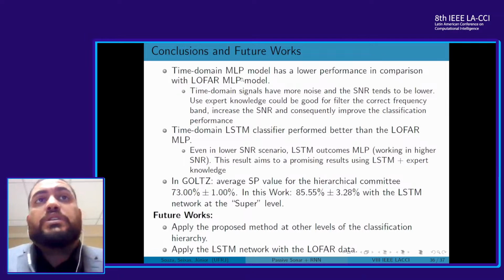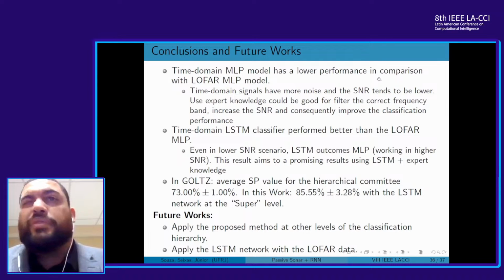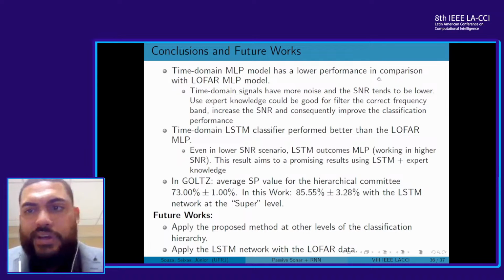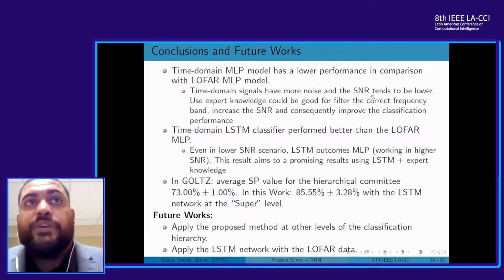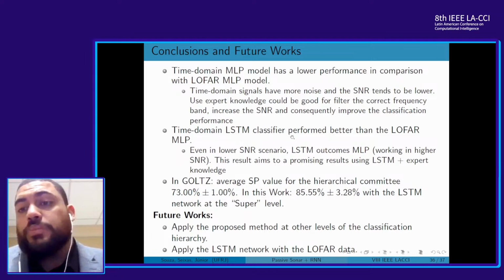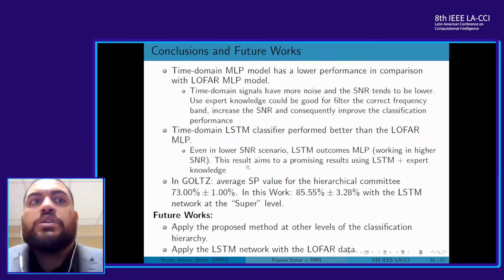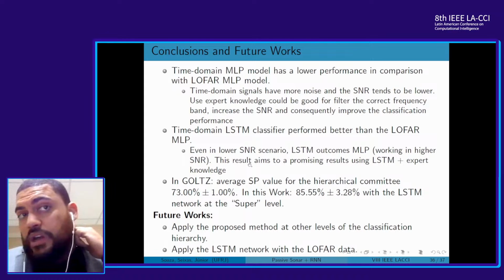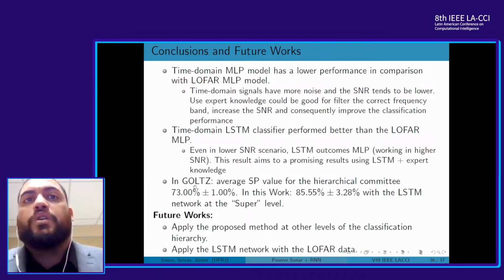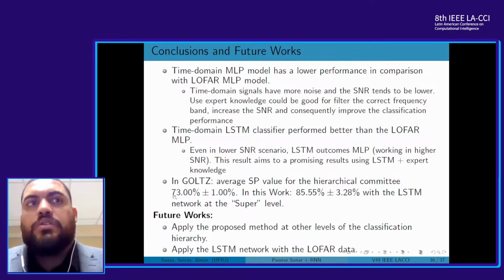The time domain MLP model performed lower, which is pretty understandable because we have a lot of noise here. But the time domain LSTM outperformed all the other models. That is very good. We have some comparison here with an MLP model that was presented before by Golds that got something around 70%.